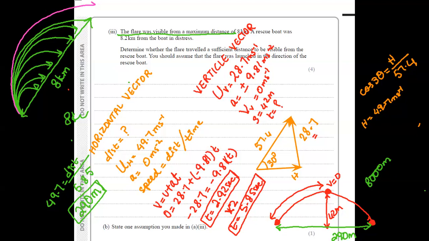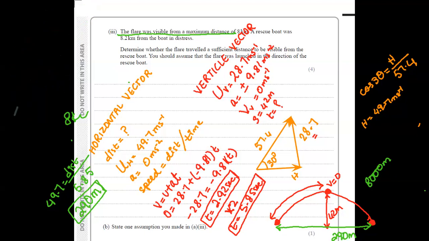It cannot be visible past that 8 kilometer mark. Let's draw our boats. This is our launch boat. This is the distance traveled by the flare. Over here, I have my rescue boat. The rescue boat is 8.2 kilometers from the boat in distress.